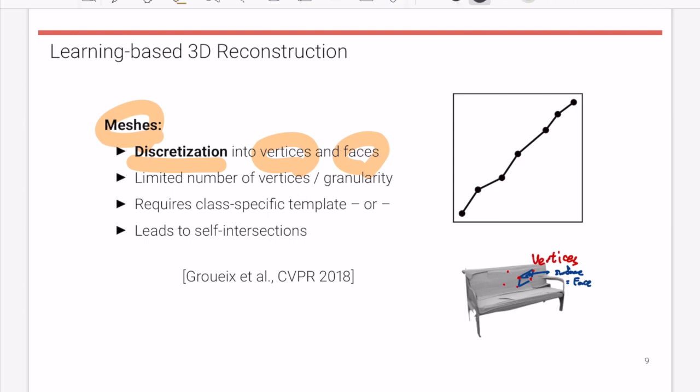The cons: it also has a limited number of vertices and granularity due to limited memory. It often requires a class-specific template, like the shape of a chair or a car, and it may lead to some self-intersection in the 3D representation. Anyway, mesh representation is maybe one of the popularly used representations before the NeRF revolution.